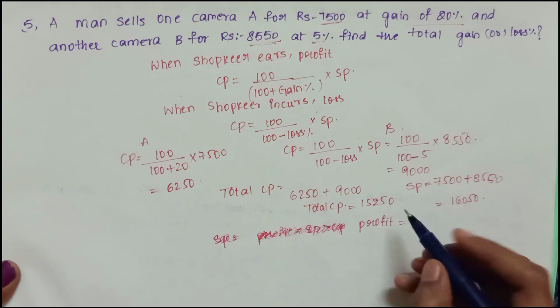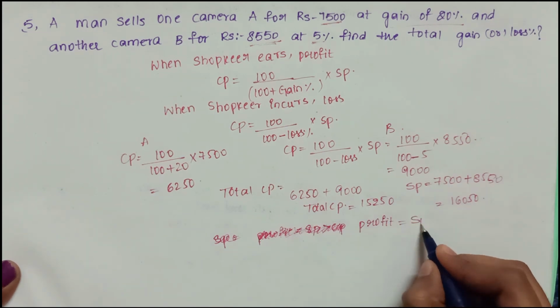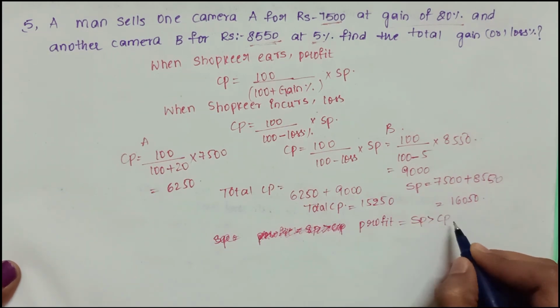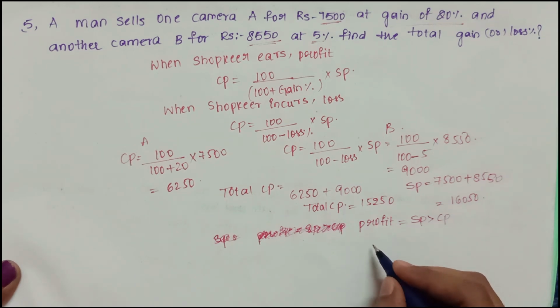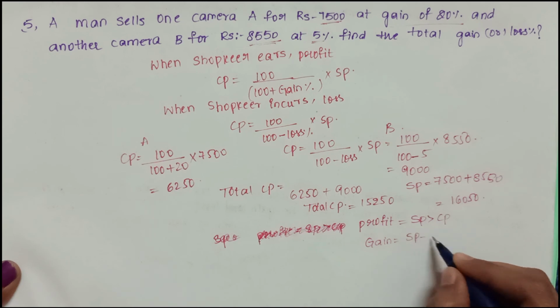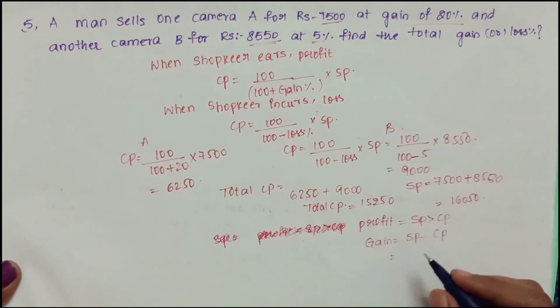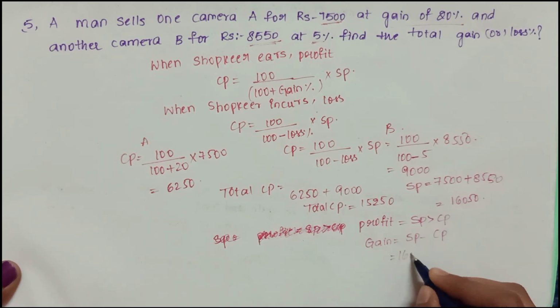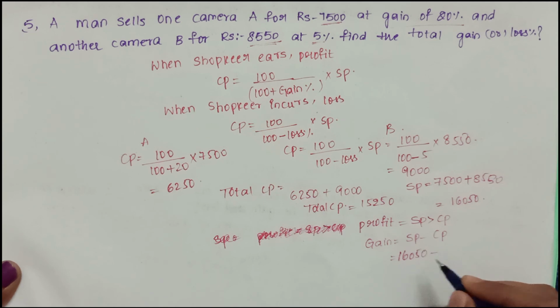This is greater compared to CP, so SP is greater than CP. Now gain is equal to SP minus CP, where SP minus 1,05,250. If we calculate, we'll get 800.